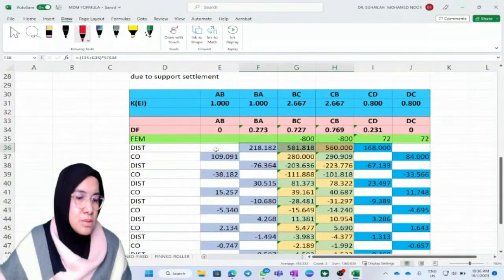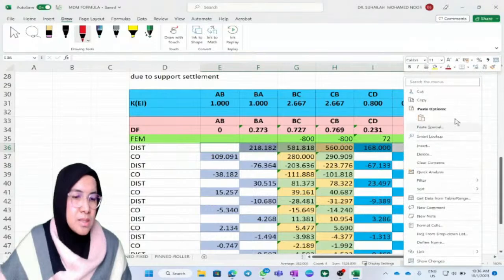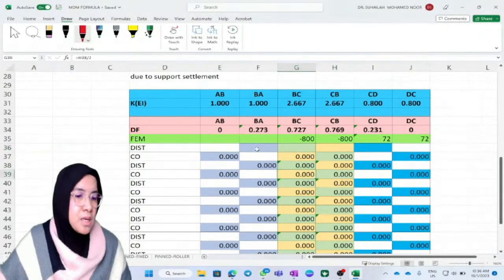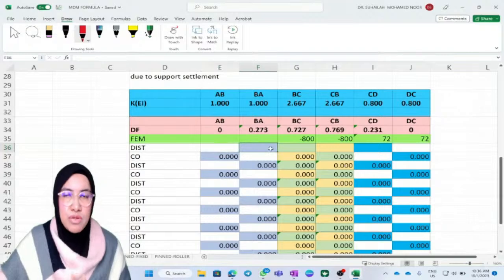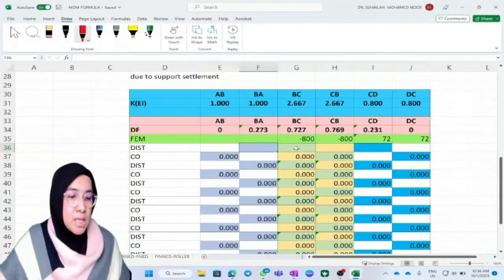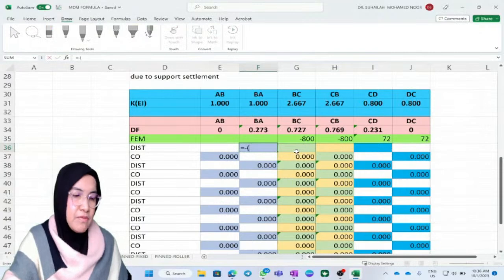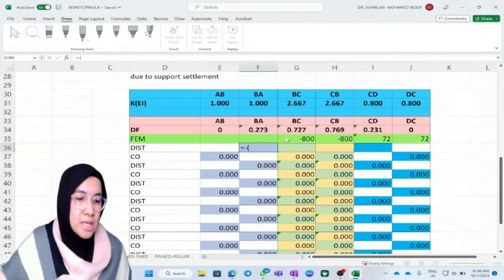Just checking this back. For distribution, the total moment I put negative, so you have to also put negative.